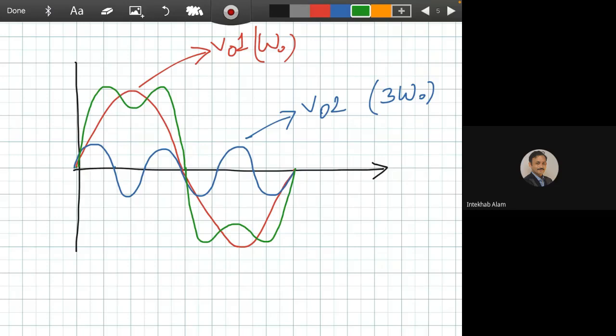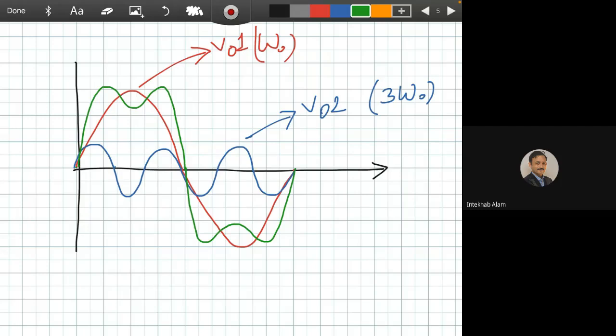We are just adding VO1 and VO2. If we add more frequencies like the fifth one, the seventh one, the ninth one, the output will become almost square.